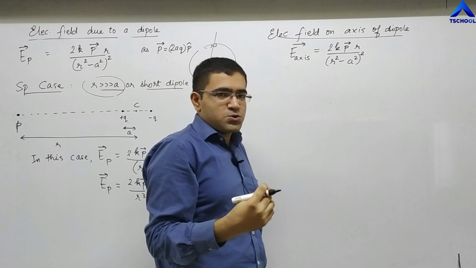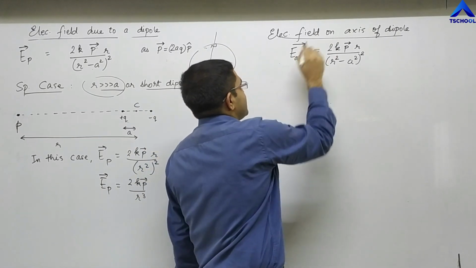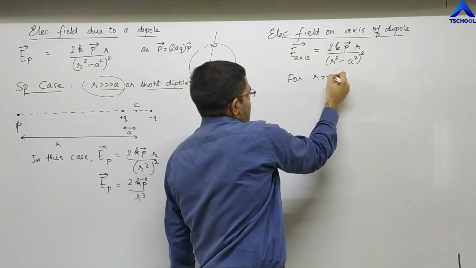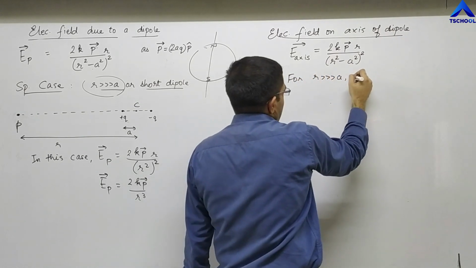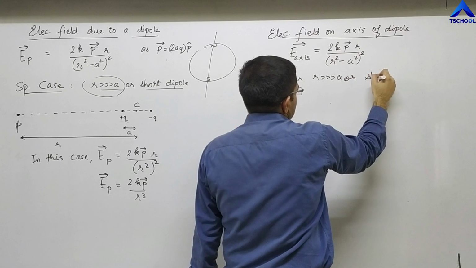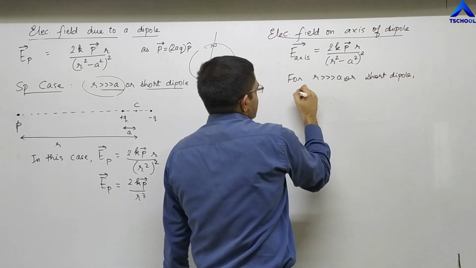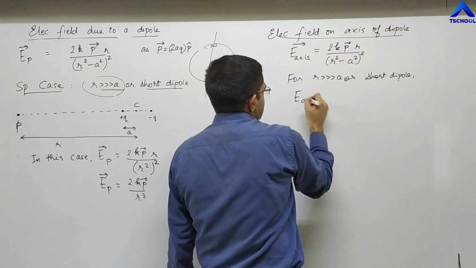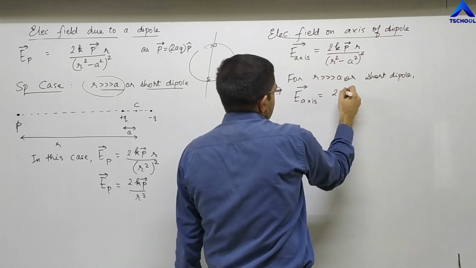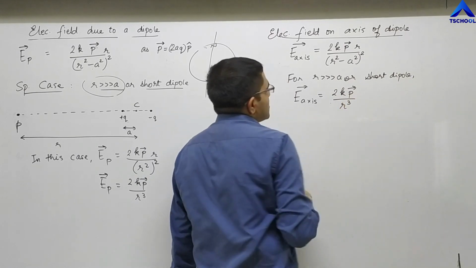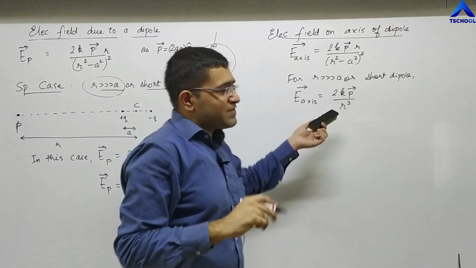Remember, this is always true. And the special case, which is for R much greater than A or for a short dipole, we have the electric field on axis is 2k P vector divided by R cube. Don't forget, we are writing these in vector form.